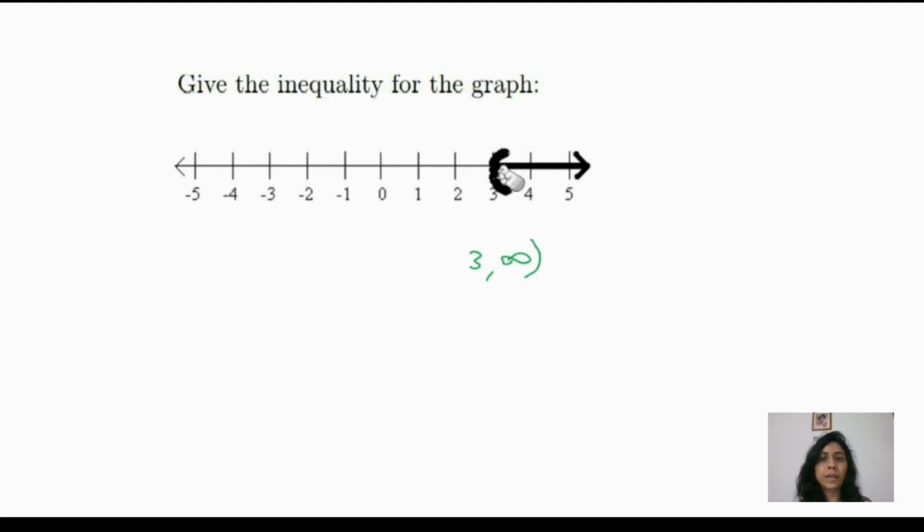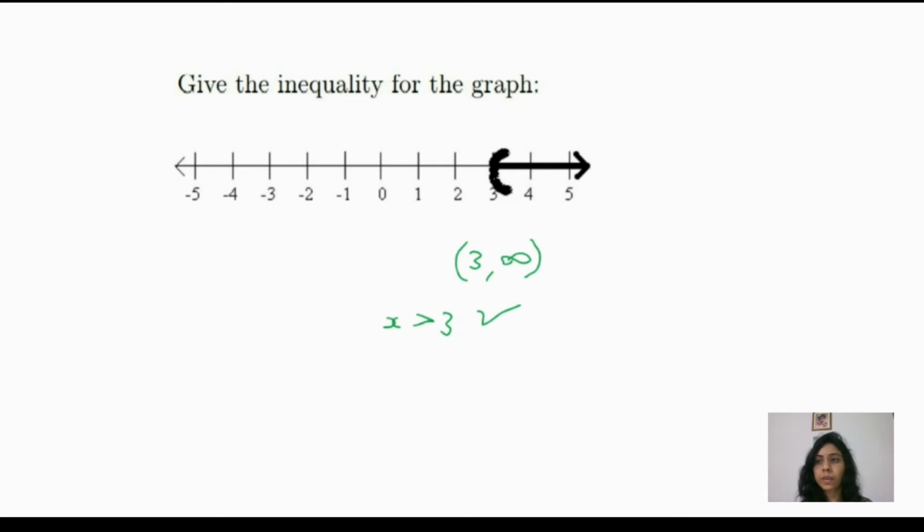This is the interval we write, but when we write it in x, it is x > 3. This is the answer: more than 3, all values, means x > 3.